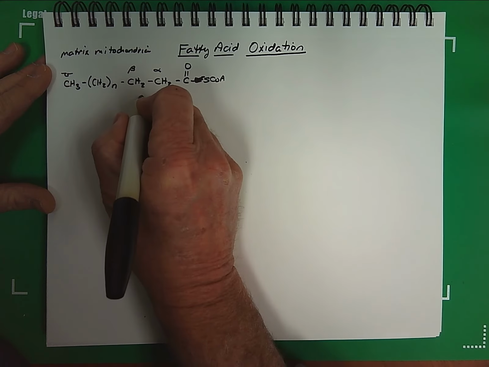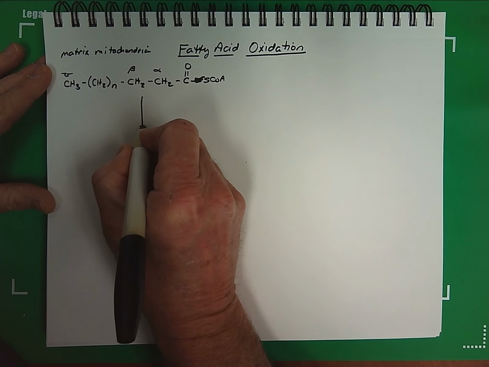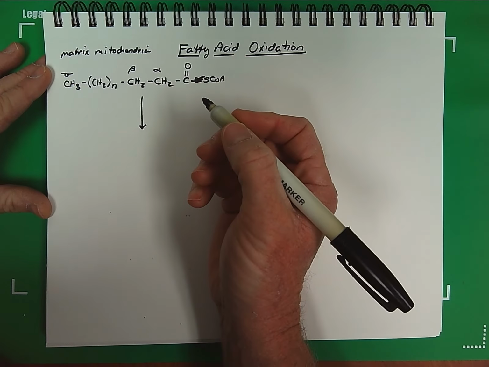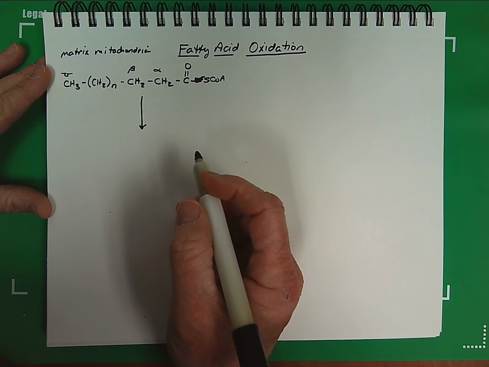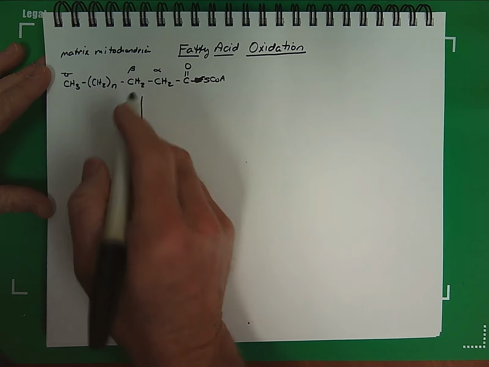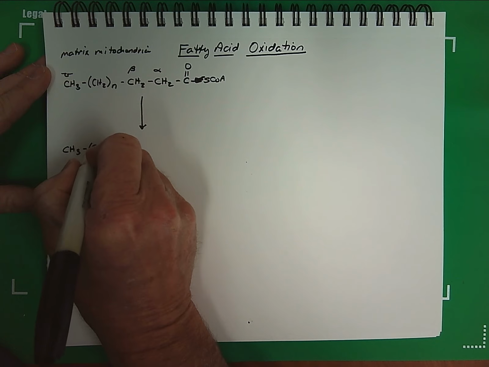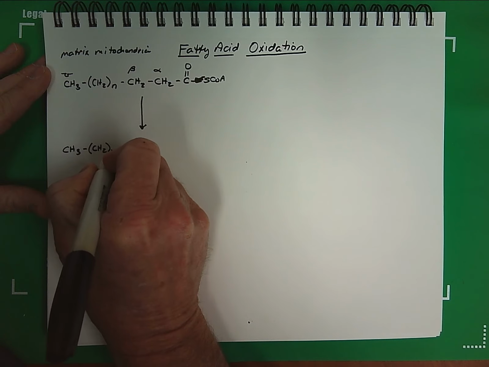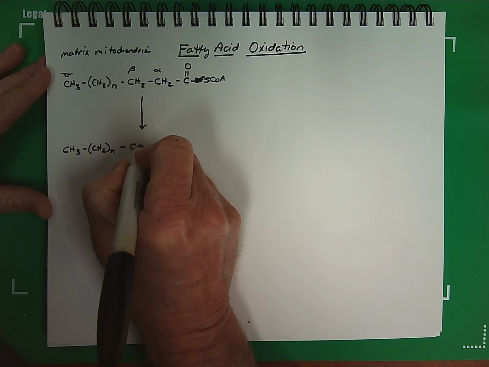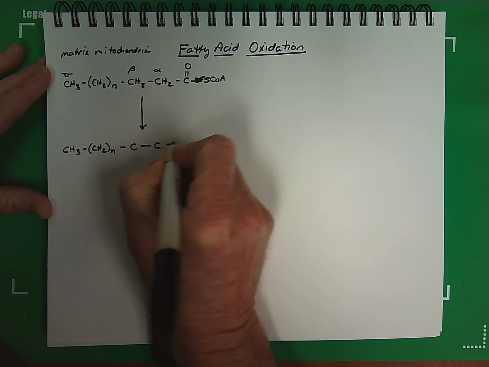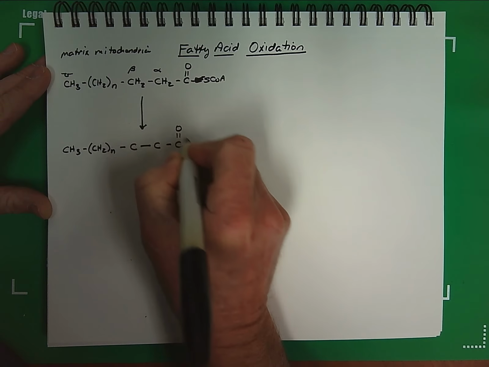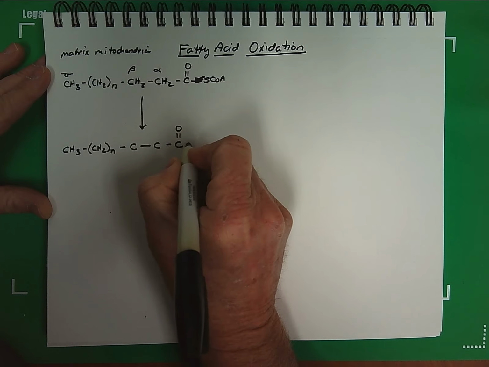Now the first step in this reaction is that we are going to need to modify the beta carbon to prepare it for the next steps of reaction. And what we are going to modify is the bond between the alpha and beta carbon.